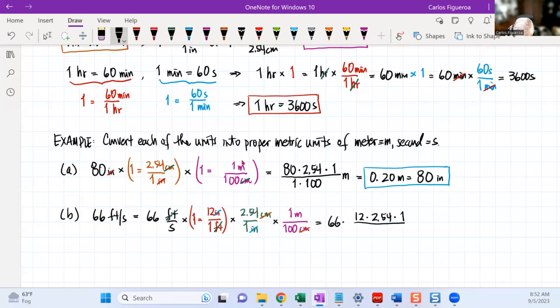And in the denominator, I'm going to have 1 times 1 times 100. And then I'll have units of meters per second. And so if I multiply that whole quantity, I'm going to get that 20 meters per second is the same as 66 feet per second.